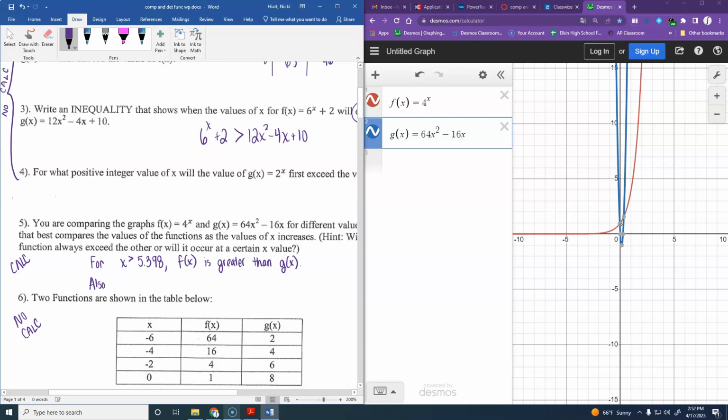Also for negative 0.049 less than x less than 0.325. So it's also true for that little section as well.